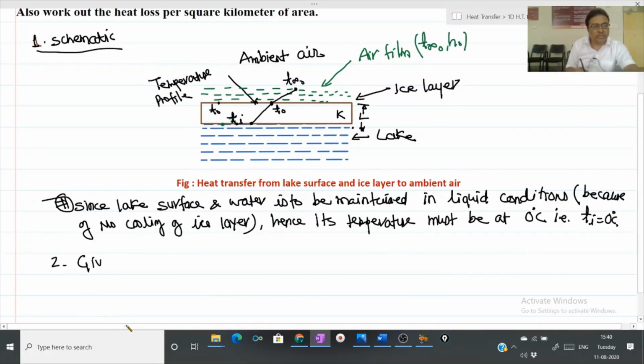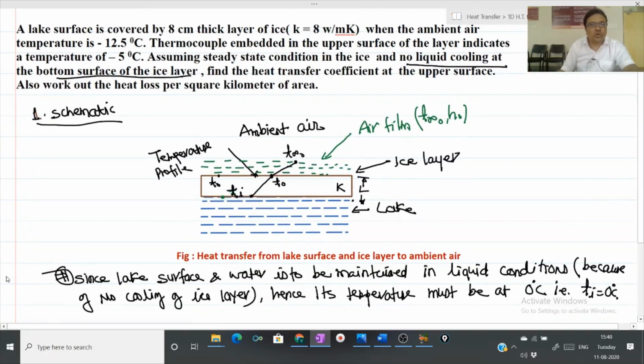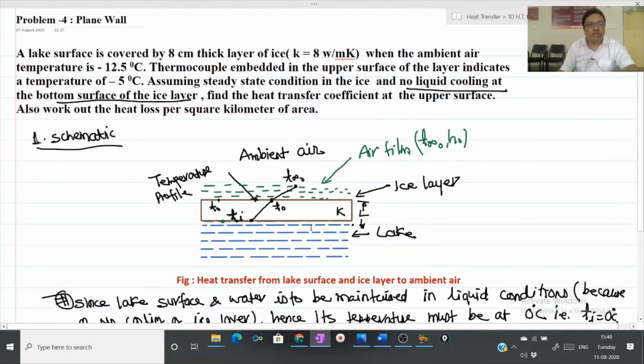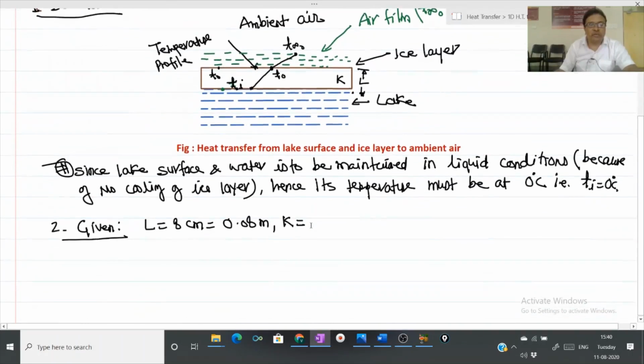Let us enlist all the given things. Thickness of the ice slab is given as 8 centimeter, 0.08 meter. Its thermal conductivity value K is given as 8 watt per meter Kelvin. Air temperature is given as minus 12.5 degrees Celsius.